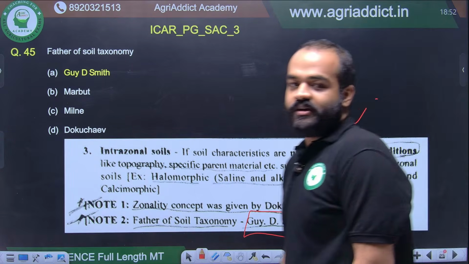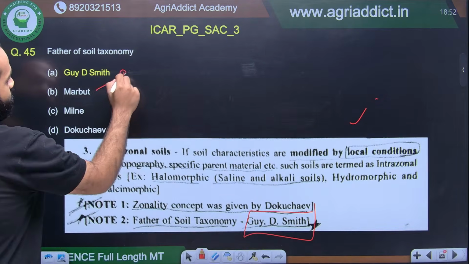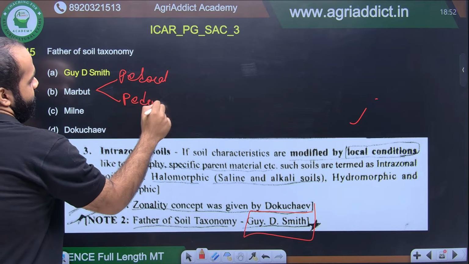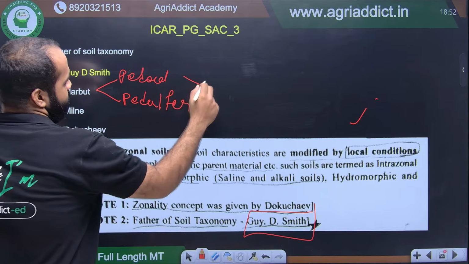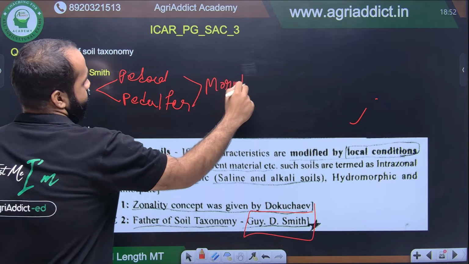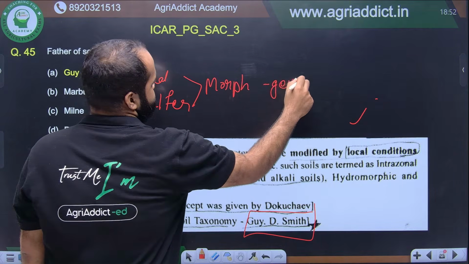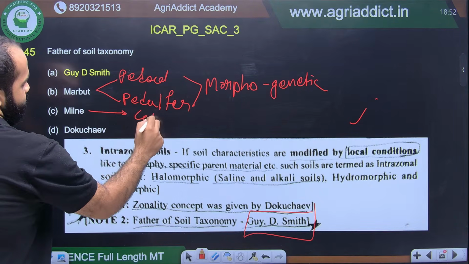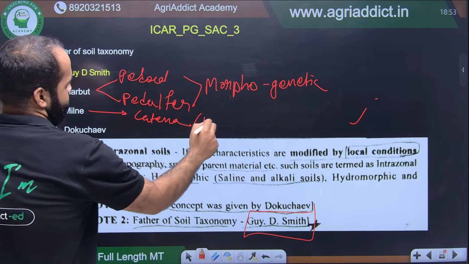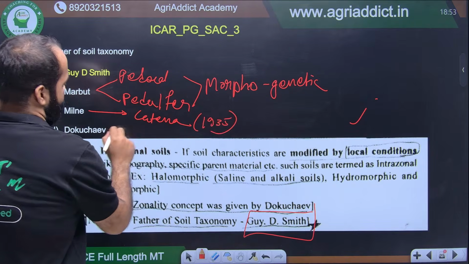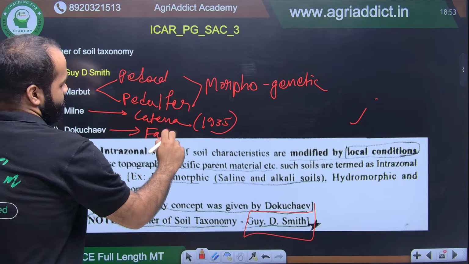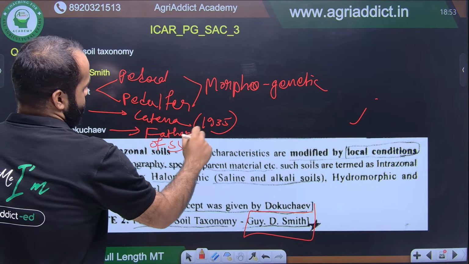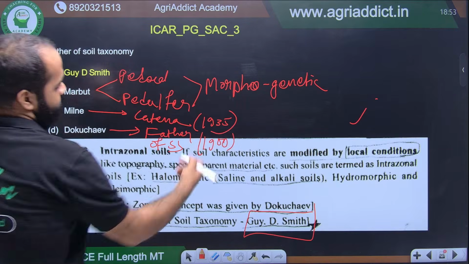Others here, like Marbut, I will write them too. Marbut gave the concept of pedocal and pedalfer, which is also called the morphogenetic system of soil classification, okay? Then Milne gave the term catena in 1935, and Dokuchaev is father of soil science, around 1900s Dokuchaev was there.